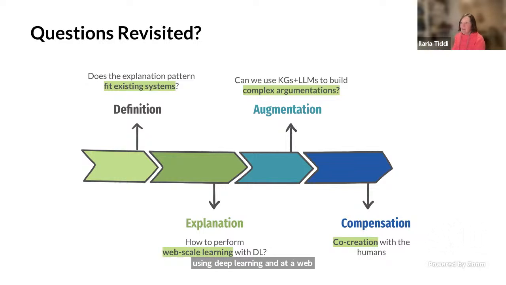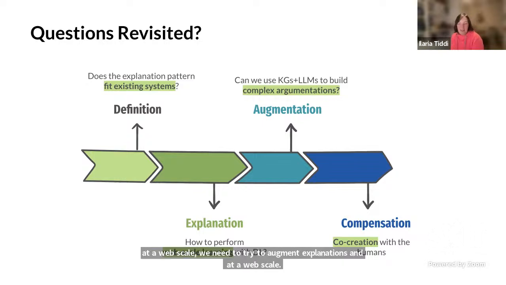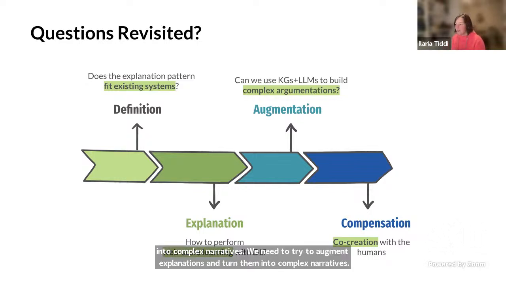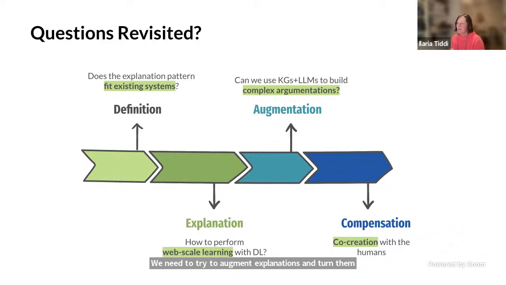We need to try to augment explanations and turn them into complex narratives. We mentioned these complex argumentations. And for these, we can really combine knowledge graphs and language models. And we really need to compensate whatever information is missing by performing a co-creation of explanation with the humans.